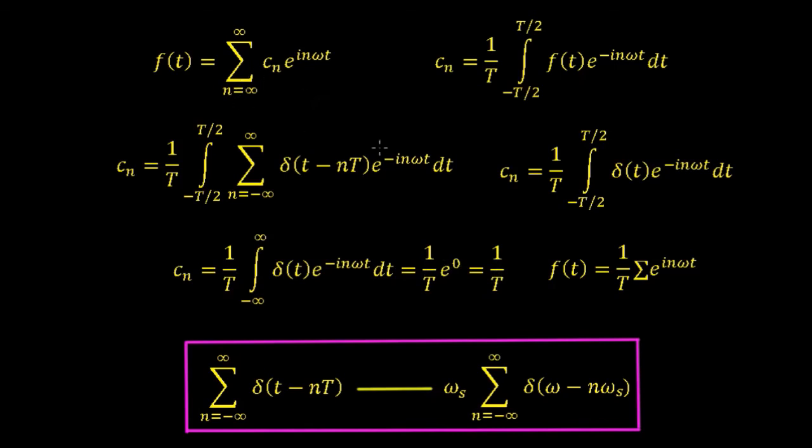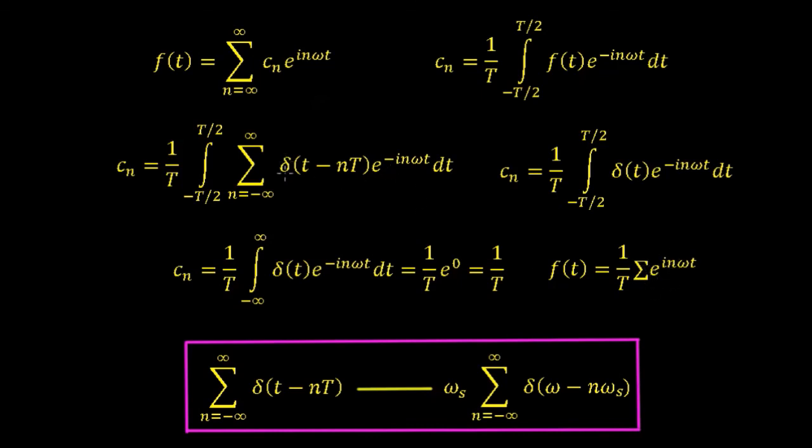That means that if we put this back into our function for f of t, we're simply left with 1 upon T times the sum of e to the i n omega t. But we've already shown that if we sum up all of these exponentials, we're simply left with an impulse train in the frequency domain.